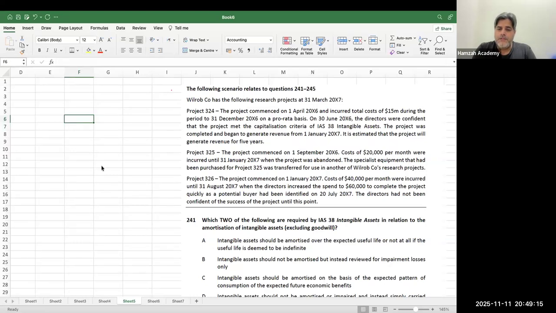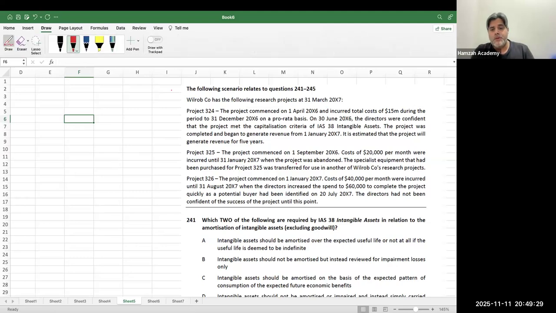Then we have project 325. The project commenced on 1st September 20x6. Costs of 20,000 per month were incurred until 31st January, when the project was abandoned. Okay, so this project was abandoned. The specialist equipment that had been purchased for project 325 was transferred to use in another of the company's research projects.